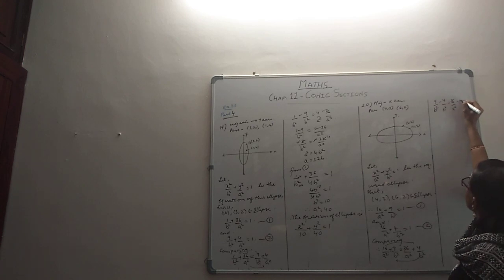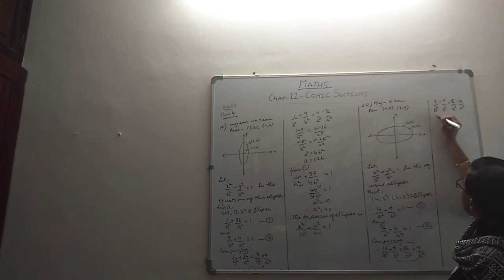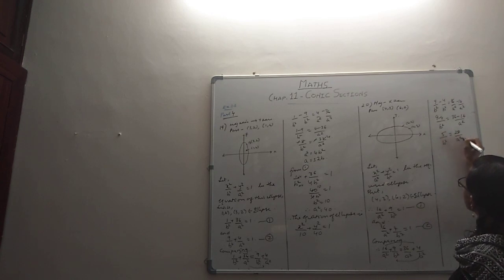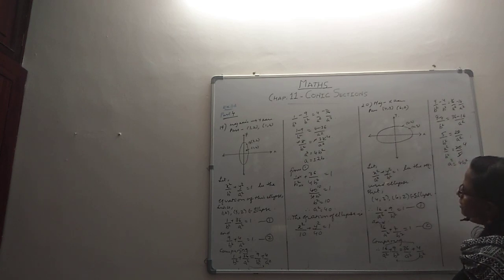The 16 by a squared is coming up. Denominators are equal, so numerators can be added or subtracted. So like that, we are getting 5 by b squared becoming equal to 20 by a squared. Let's have it on one side. A squared by b squared is 20 by 5, which is 4. So a squared is 4b squared, just like the previous case.